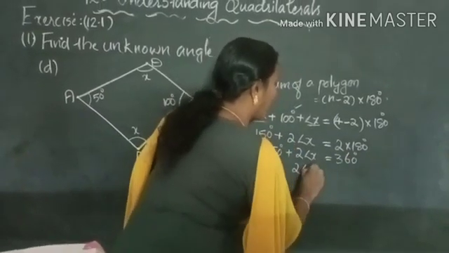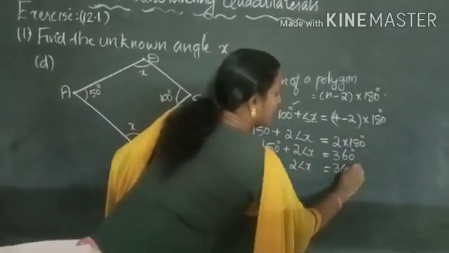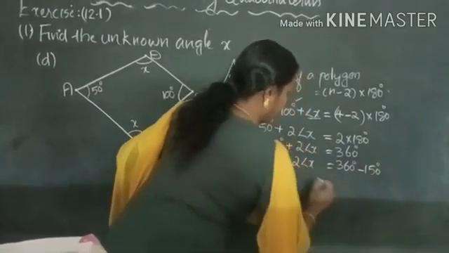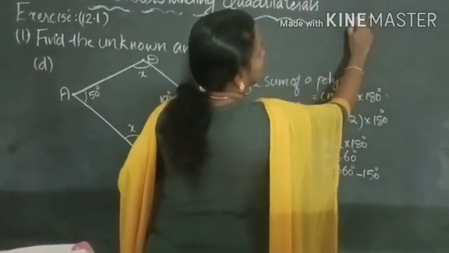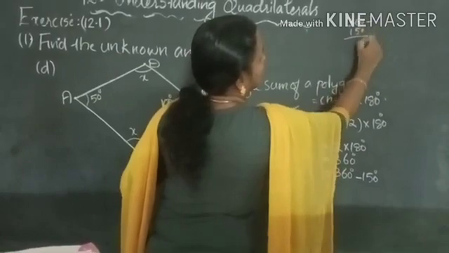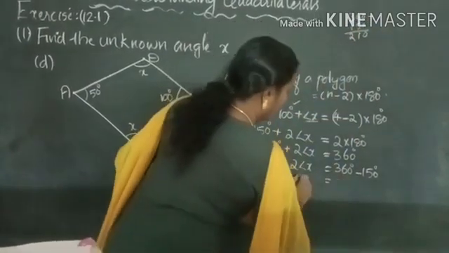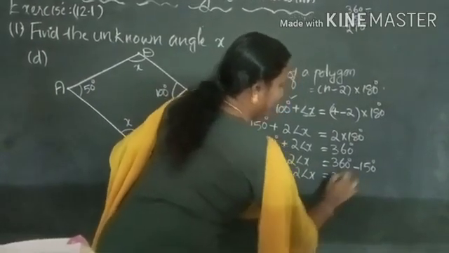So 2 into angle x is equal to 360 minus 150, 0, 6 minus 5, 1, 3 minus 1, 2. 2 into angle x is equal to 210.